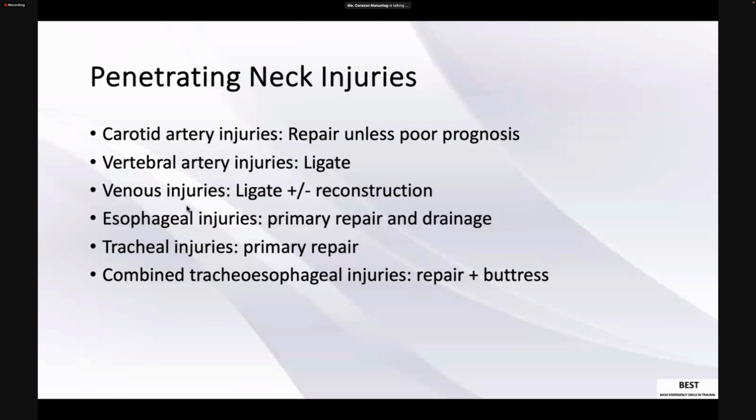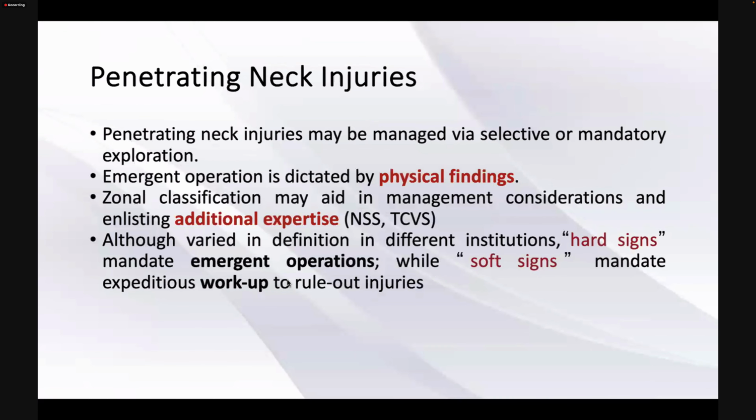Tracheal injuries, you do primary repair with or without prolonged intubation. Your combined tracheoesophageal injuries, you want to repair and do a buttress, meaning meron kang something, a muscular buttress to go in between your two structures, your trachea and your esophagus.